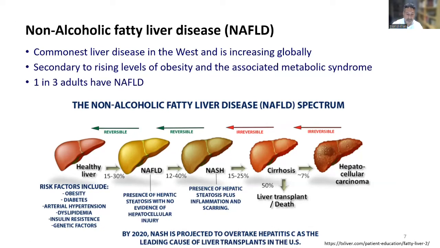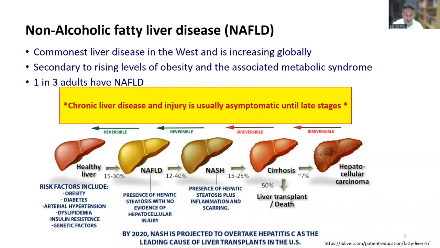Now, the scary thing is that this process, which takes years and years, is usually asymptomatic until patients have not just cirrhosis, but decompensated cirrhosis, or until they have developed cancer. And even the cancer is only symptomatic if it's very large. So there are hundreds of thousands of people walking around who've got NASH and fibrosis and even cirrhosis who have no idea.